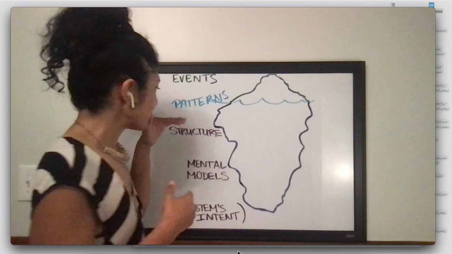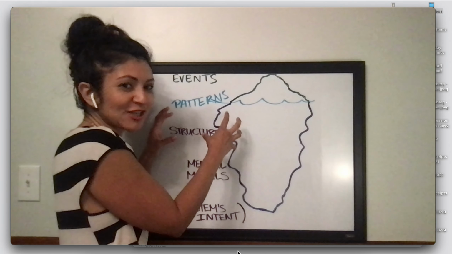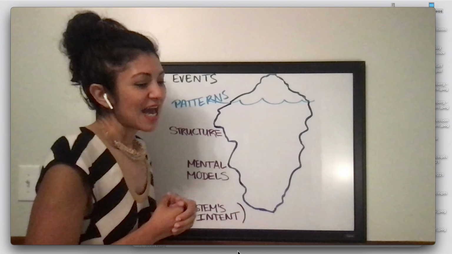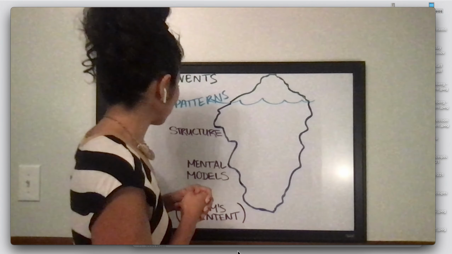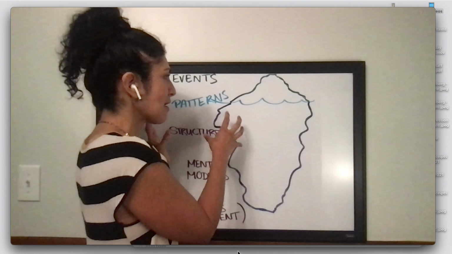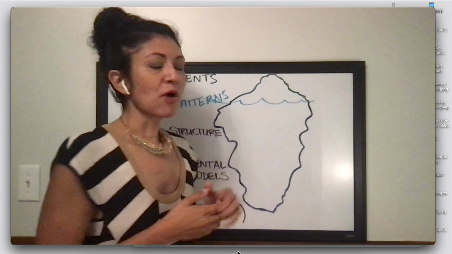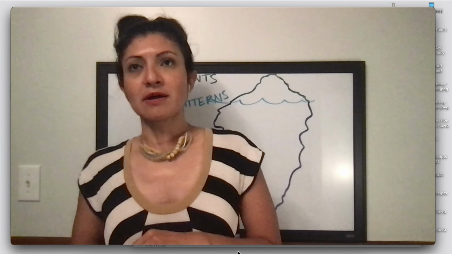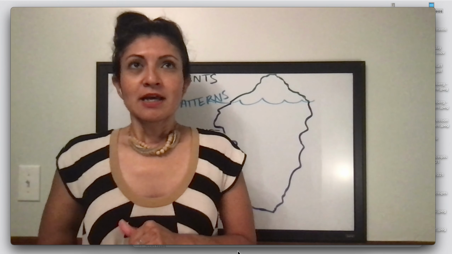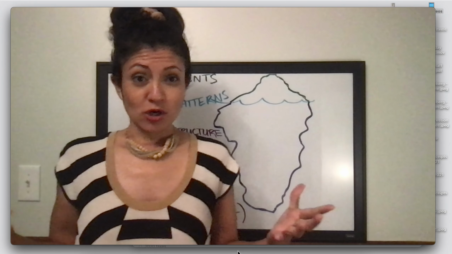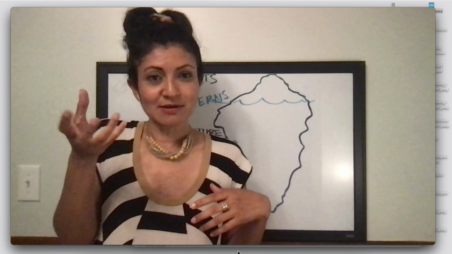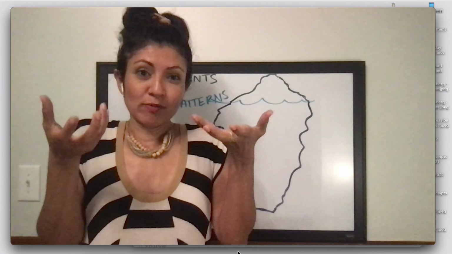And then we have this interesting, super important category called structure. Now, structures are things that are part of the system that make things happen as they do. So, for example, in the physical world, a structure might be whether something's a sphere or a cube, right?